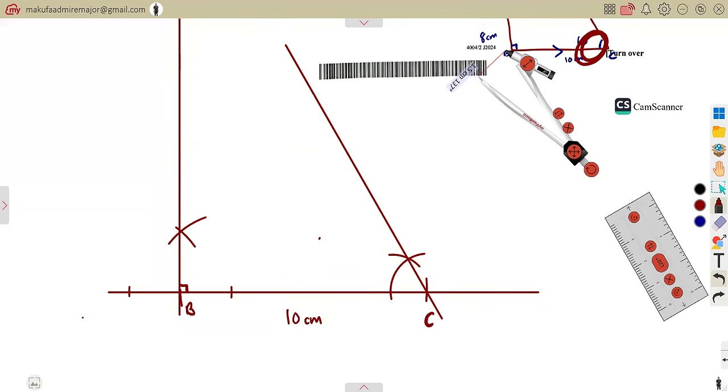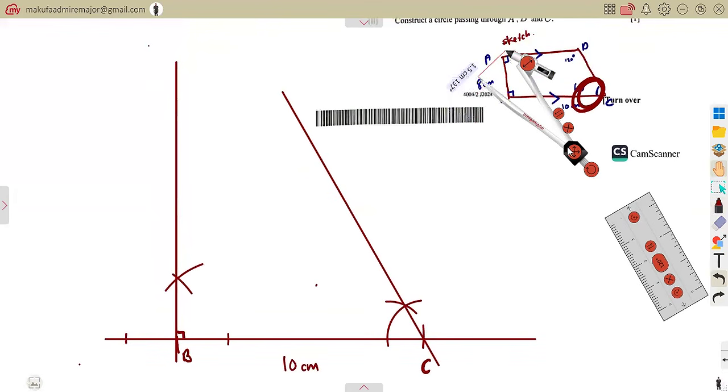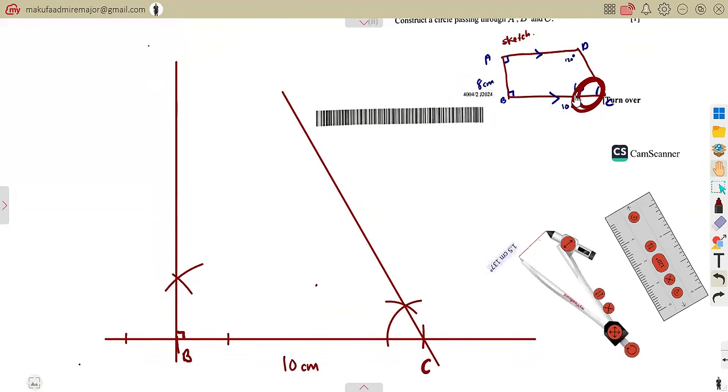So the question is that we were supposed to have from this point C 60 degrees, which is this one that we have here. We were supposed to have a certain distance to D, and from this B, a certain distance to A. For A, we know from B to A, this one, which is 8 centimeters.